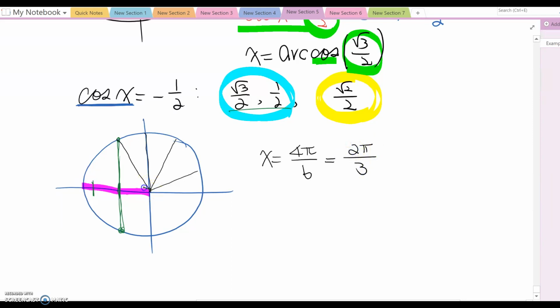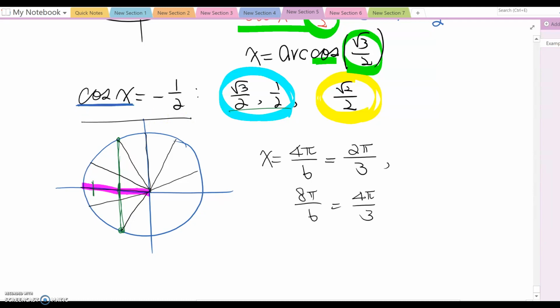Now 5, 6, 7, and 8. So another one is 8 pi over 6, which means 4 pi over 3. That will be the answer for this problem.